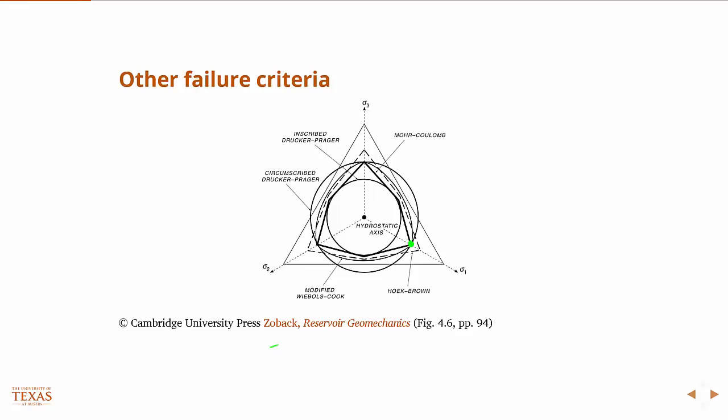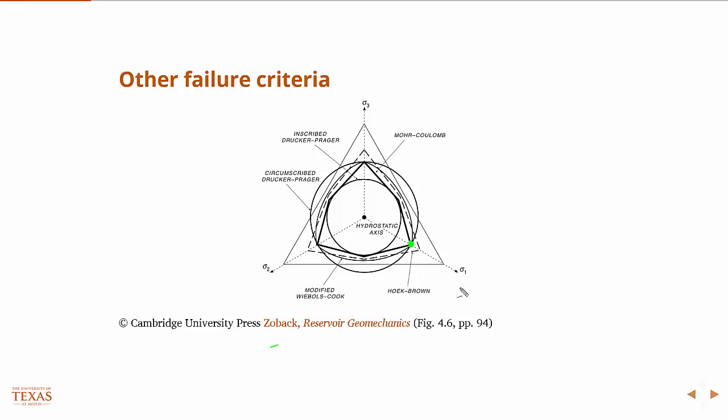There's no normal vector right at that sharp corner. So if we find ourselves in a very peculiar case where we need to return to the yield surface and the normal is very near that corner, this causes problems with our constrained optimization problem. It causes computational problems.